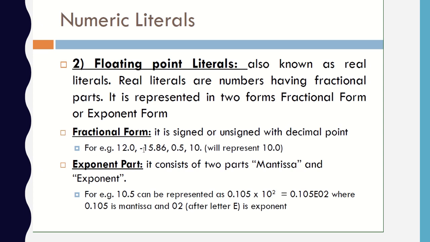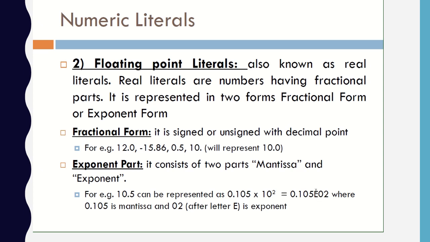For example, 12.0, -15.86, 0.5, and 10. will represent 10.0. In exponent form, it consists of two parts, mantissa and exponent. For example, 10.5 can be expressed as 0.105 times 10 raised to 2, which is 0.105E02.